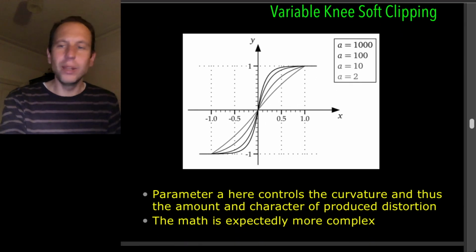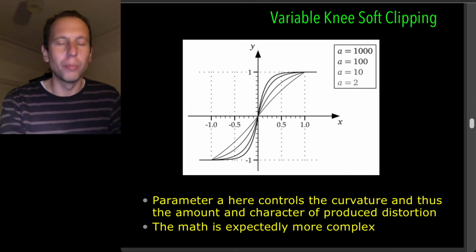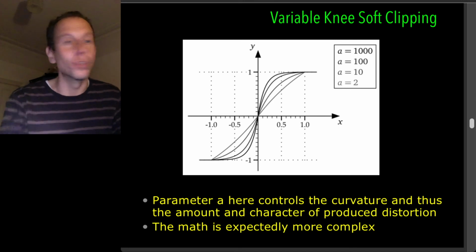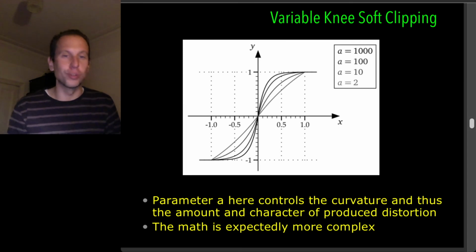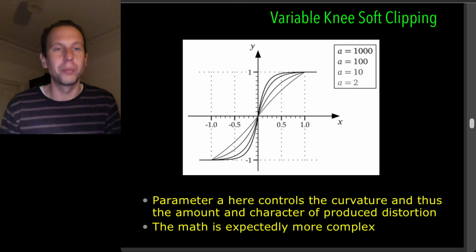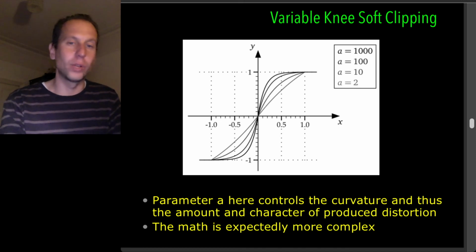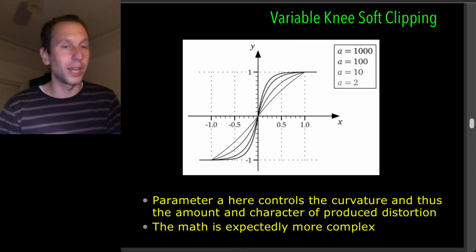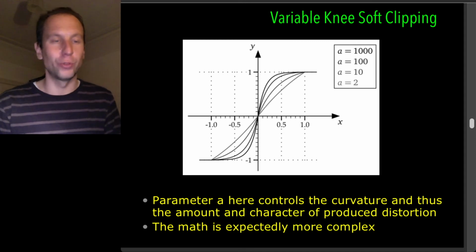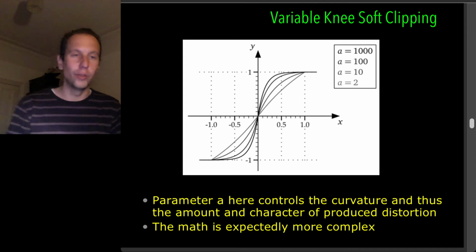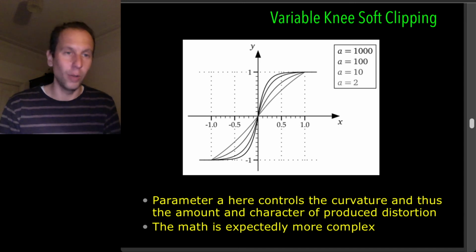As I said, there are millions of different algorithms, bits of math you can come up with in order to produce a curve. So essentially any kind of curve you produce, if it vaguely has this shape, it will produce some kind of distortion. In fact, you might ask, why doesn't it curve downwards? And it can. If you use exponents to produce distortion, you can easily make them curve downward.